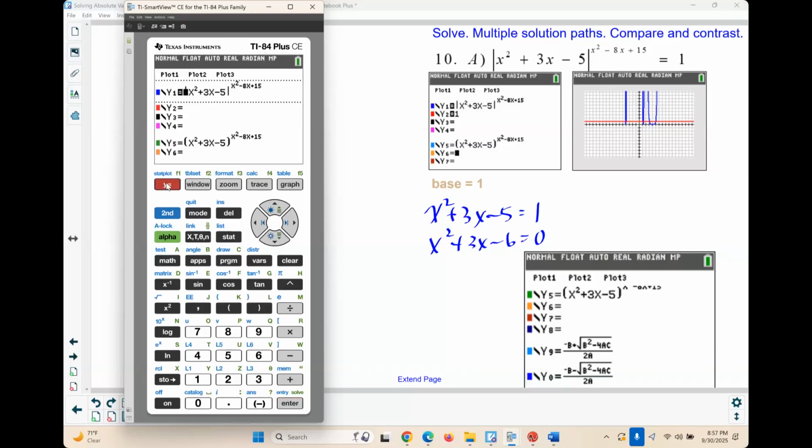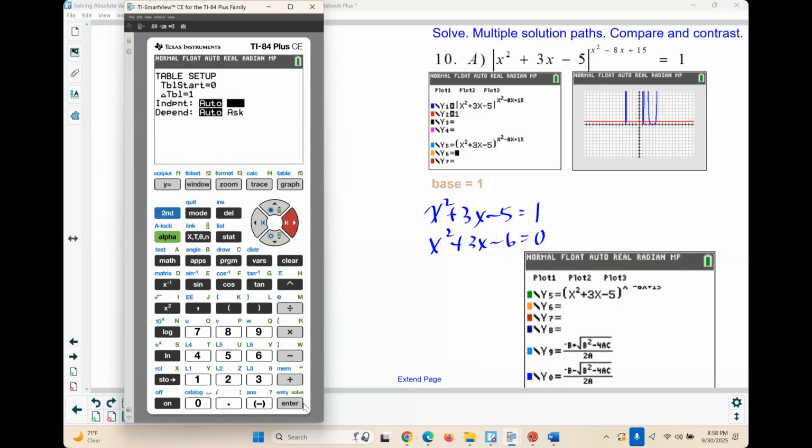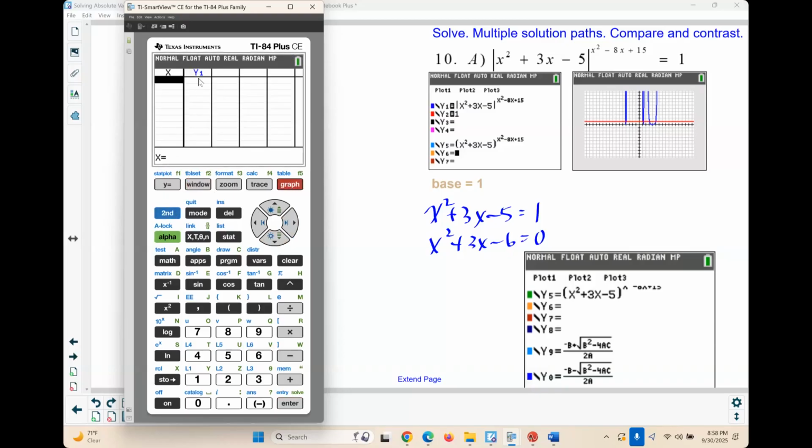So if I go back here, look what I have in Y1. I'm going to go to table ask. Oh, wait, let me go to auto first, and then table ask, and show you that those actually do work. Notice right now it has this. Where is that value stored?